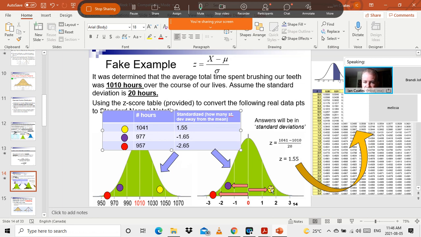So this point here is 1.55 standard deviations away from the mean in a positive sense. This one here is negative 1.65 standard deviations away from the mean. And so that's all this question was asking you to do.